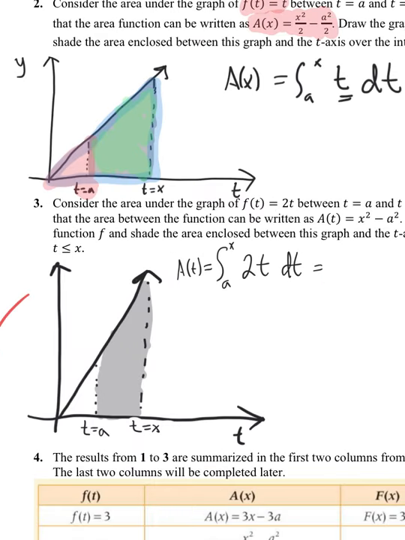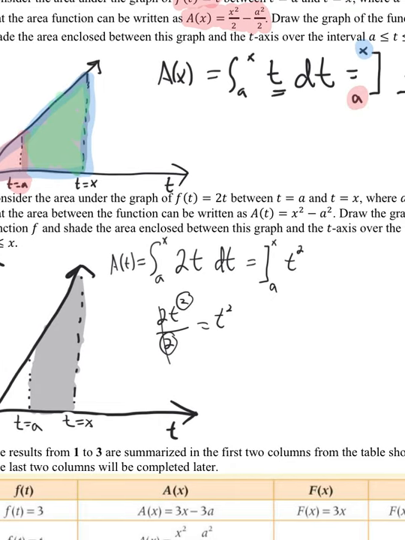And then we take the integral of it, and the integral of 2t should be 2t squared over 2. We have to divide by 2 when we're raising this to the second power, and then the 2's will actually go away, so we're just going to be left with a t squared. Which makes sense because we're looking for an x squared minus a squared.